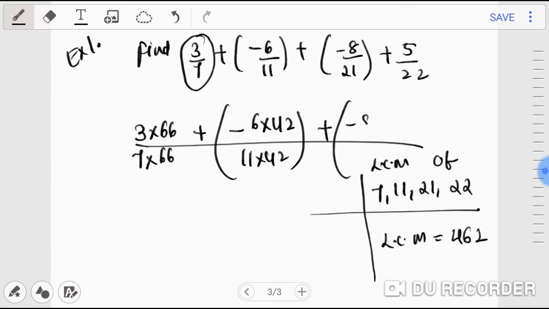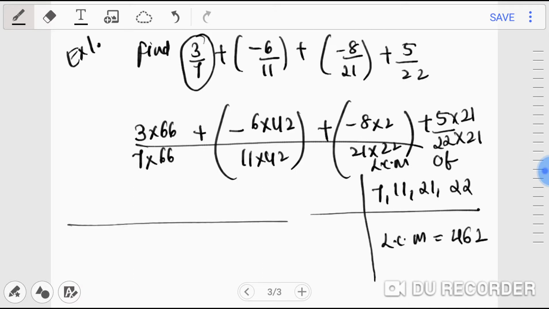Then you have minus 8 upon 21. 21 you will convert into 462 by multiplying with 22, and you have 5 upon 22, which you will convert into 462 by multiplying with 21. This is how we make the fractions the same.